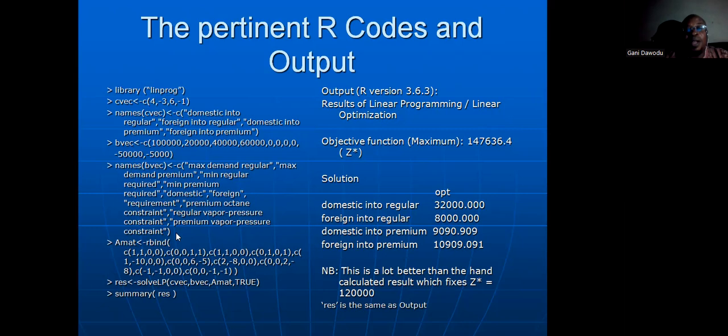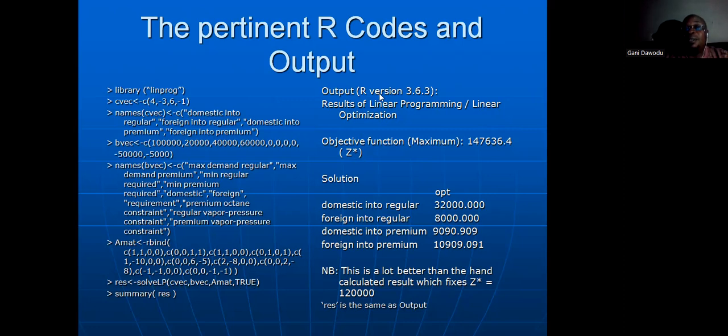When you've gone this far, you have fed linprog with the problem. You can now invoke it to produce the result. That's the result. Like I told you, it will require solveLP for the result to come. You see result, then summary: summarize the result and give me the output.